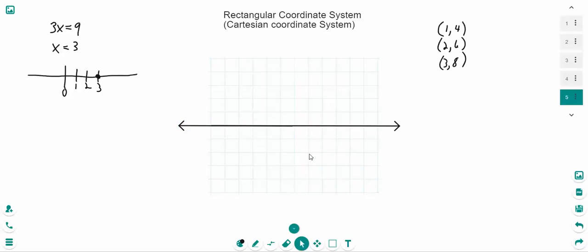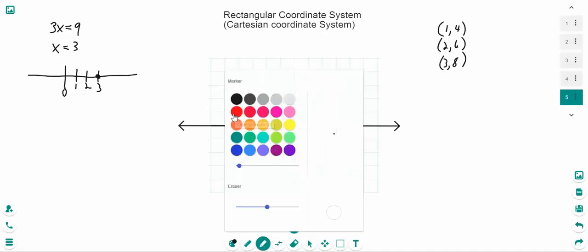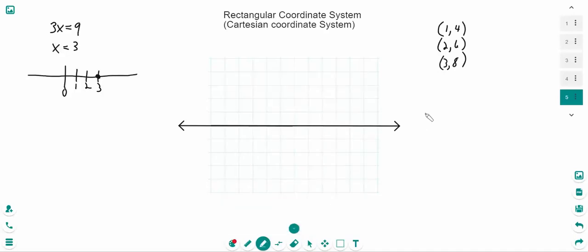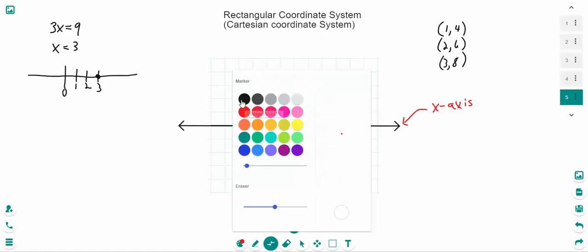This is known as the x-axis. So let's write that down. This is the x-axis. Okay, so that's the first thing. Now we also have a y-axis, only that one is going straight up and down. So we'll draw that one as well. We'll go black again.